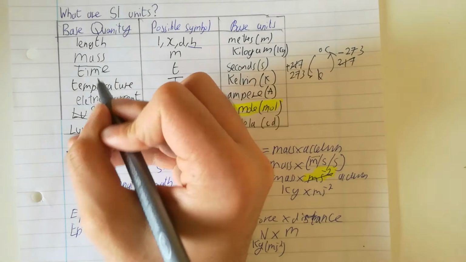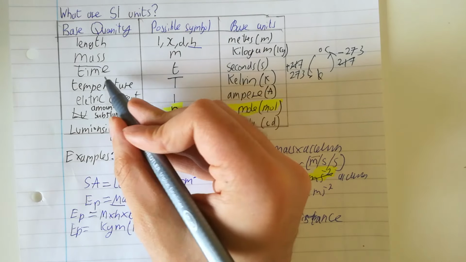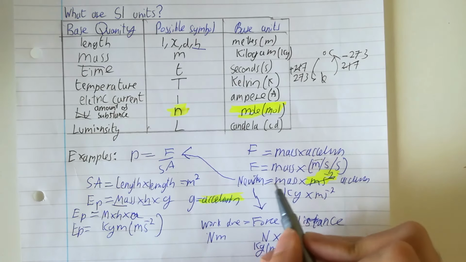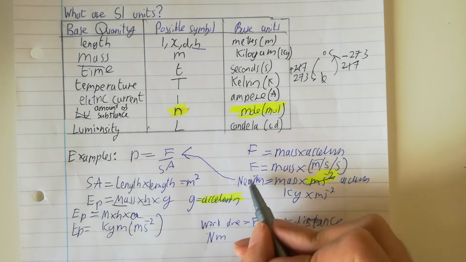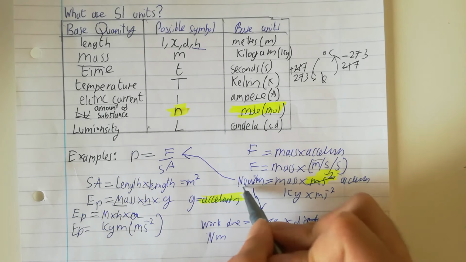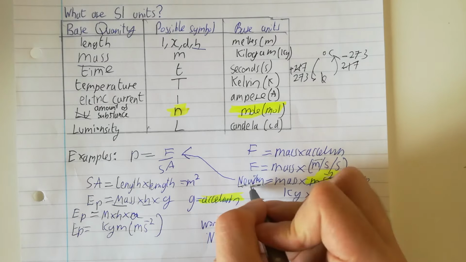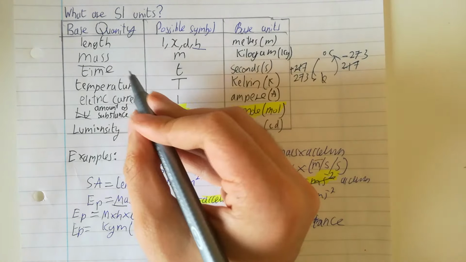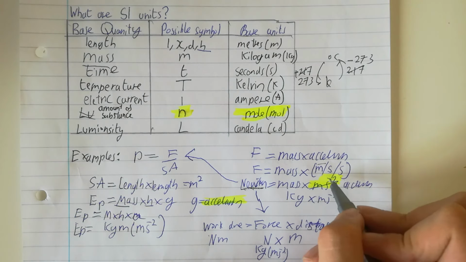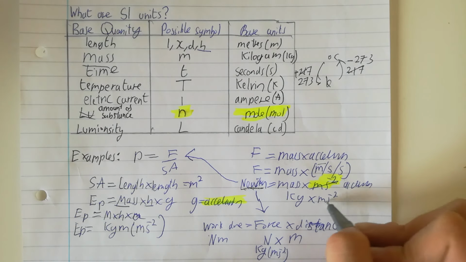Get the mass from here and the acceleration from time and length, which is meters per second squared. So the unit for force is the newton. Mass is in kilograms, acceleration is meters per second to the minus 2.